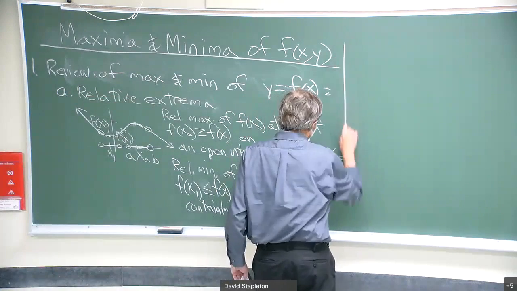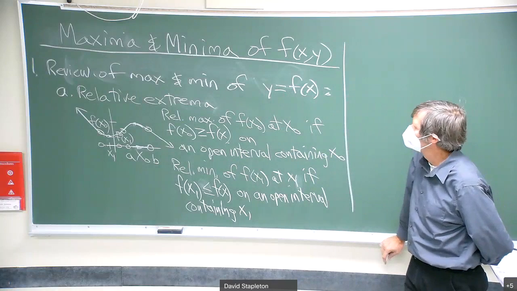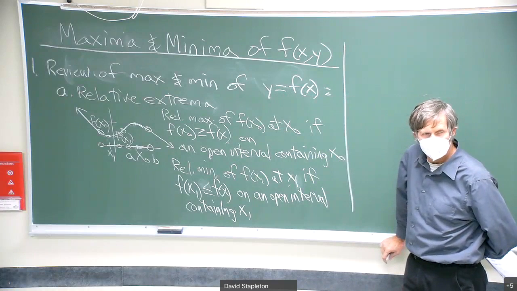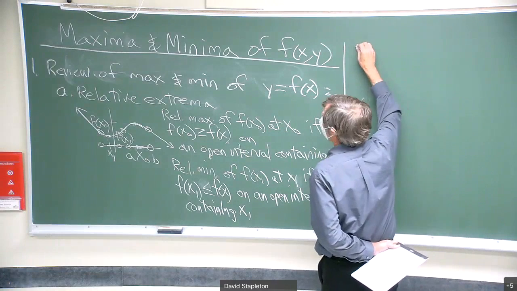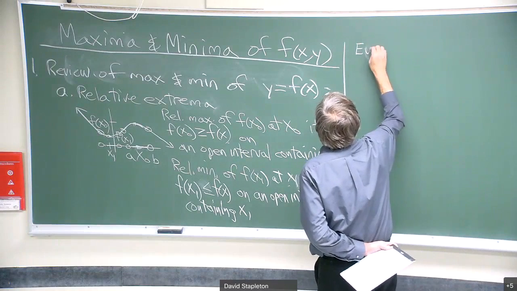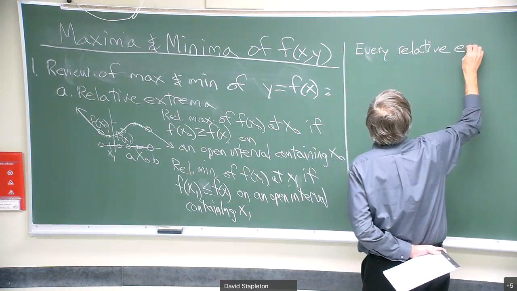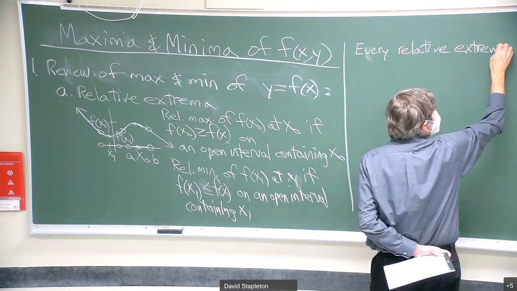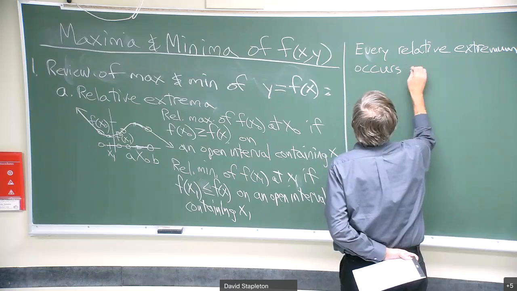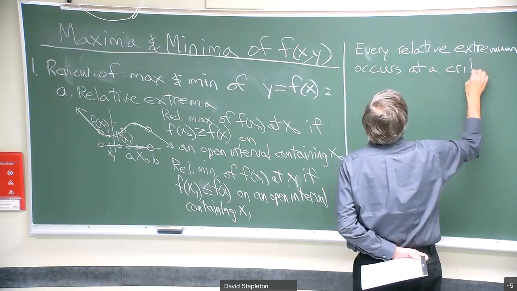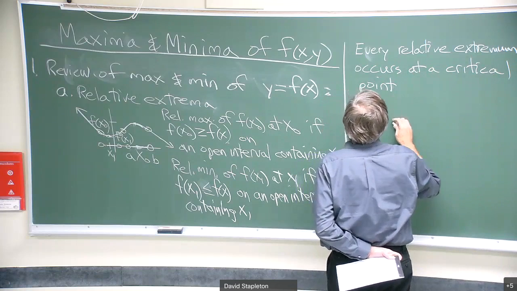Now, how do we find those? How do we determine a relative maximum? Normally, you just look at a graph, right? Or if it's given. Yeah, there's a good theorem. Every relative extremum, relative max or min, occurs at a critical point of a function, which is a point where what?